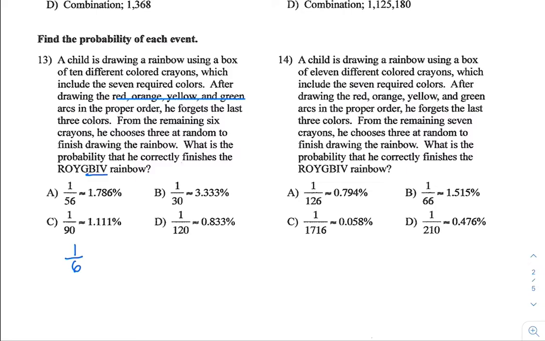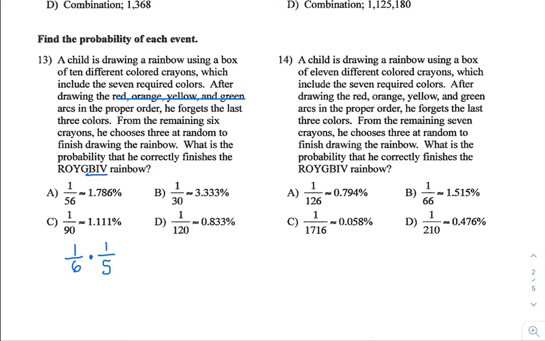Now, the next one says indigo, right? Well, we already picked out a blue one, which means there's only 5 left in the crayon box. So there's only 1 indigo out of the 5 now. Not 6, because 6 is when you had the event blue.